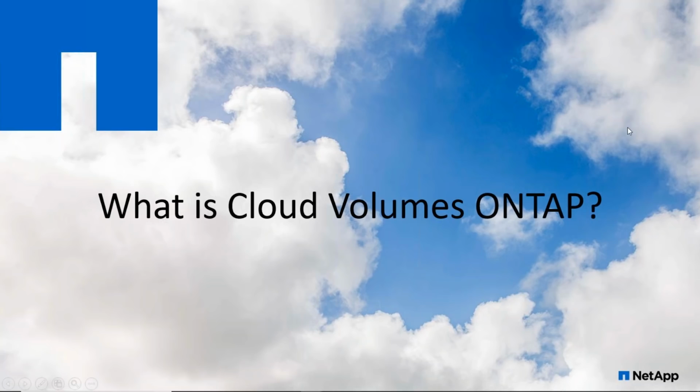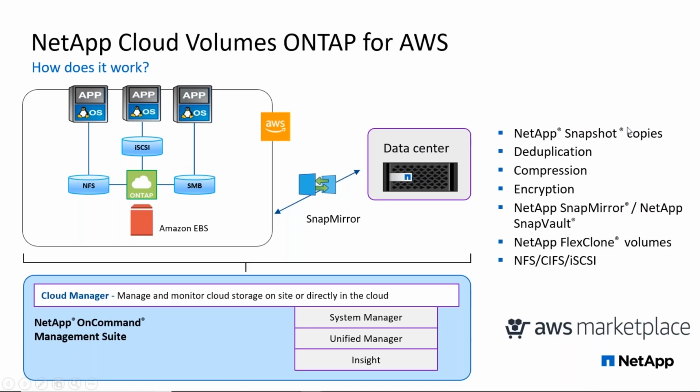Can we advance the slide, please? Thank you. So Cloud Volumes ONTAP, NetApp is traditionally known for doing physical hardware systems, and we built an operating system to run on these that's very robust.